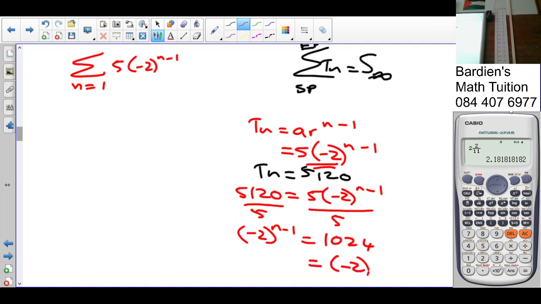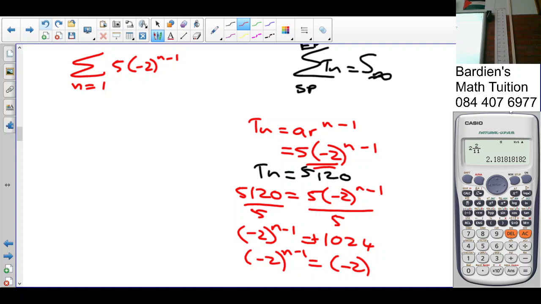The only time that this base can be negative and result in a positive solution is when the exponent is what? Even, yes. Why? Because if the exponent is even, the number will be positive.